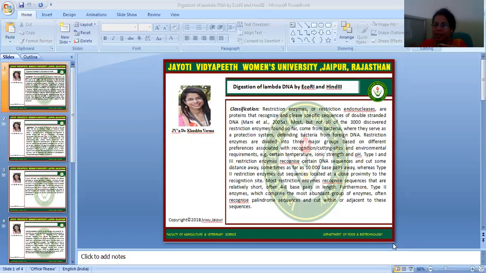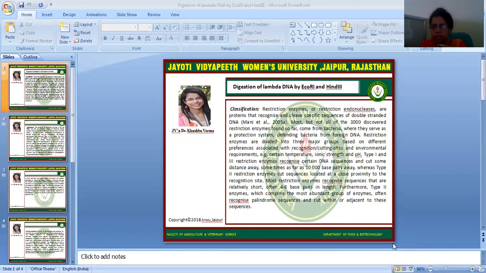Type 1 and type 3 restriction enzymes recognize certain DNA sequences and cut some distance away, sometimes as far as 10,000 base pairs away, whereas type 2 restriction enzymes cut sequences located in close proximity to the recognition site. It means type 2 restriction enzymes have advantages in comparison to type 1 and type 3.